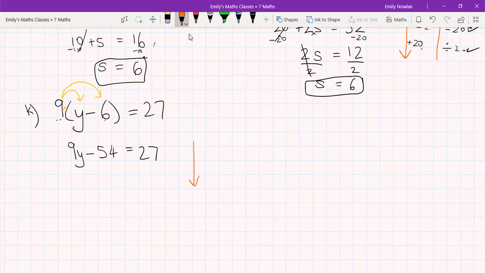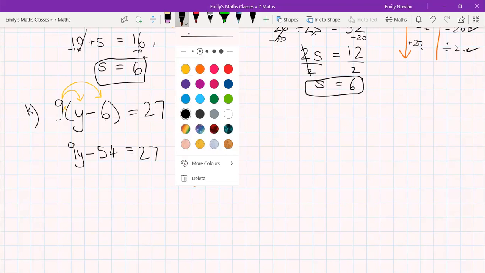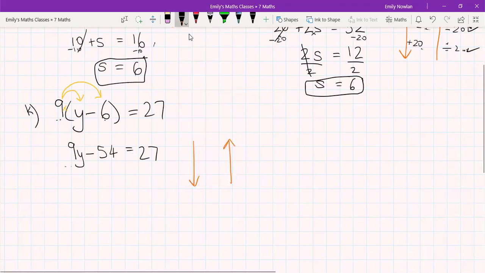What happened to the y? How do I undo it? It got times by 9, then minus 54. The minus 54 was the last thing on, so it's the first thing to undo: plus 54. Then times 9, we reverse by dividing by 9.